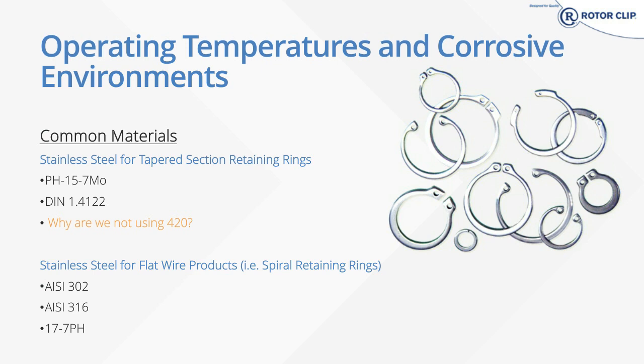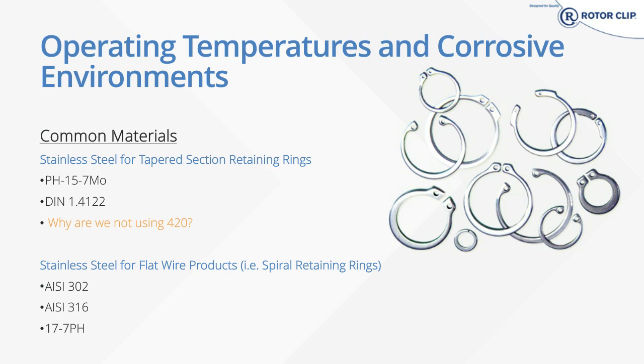For stainless rings, we have 15.7, precipitation hardened 15.7 MO. This has good corrosion resistance, high tensile strength, and it can withstand temperatures up to 900 degrees Fahrenheit for a short period of time. This 900 degrees approaches the temperature where the precipitation hardening occurs during heat treat.